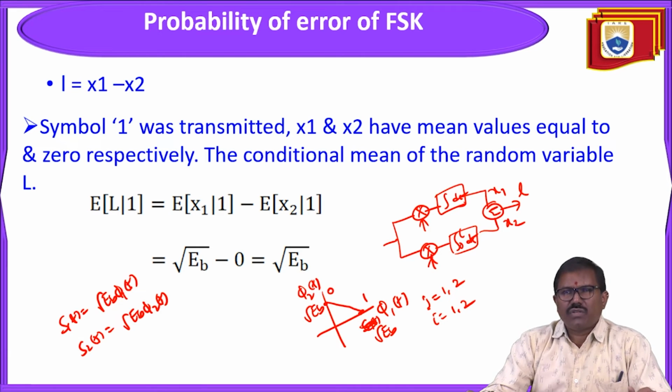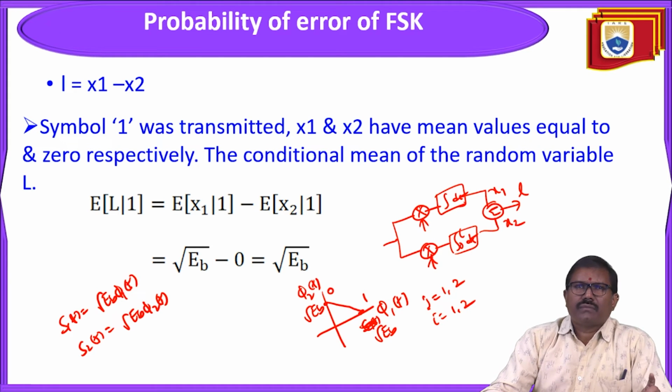So when symbol 1 is transmitted, x1 and x2 have mean values equal to root Eb and 0 respectively.